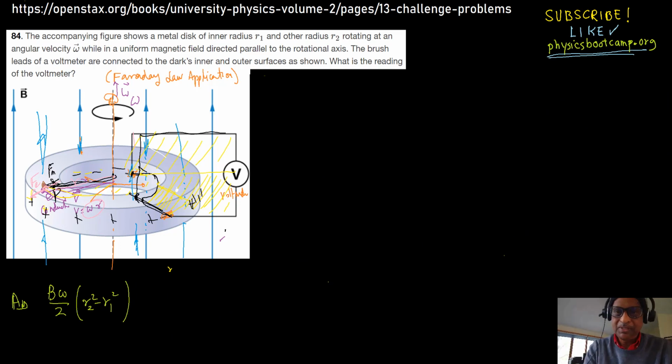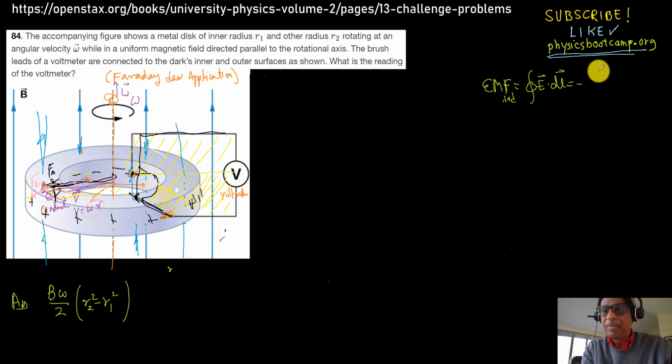Okay, so what's the other way where I can make use of this formula? EMF is the integral of E dot dl. This is induced EMF. It's usually written like this: minus d by dt of some integral.